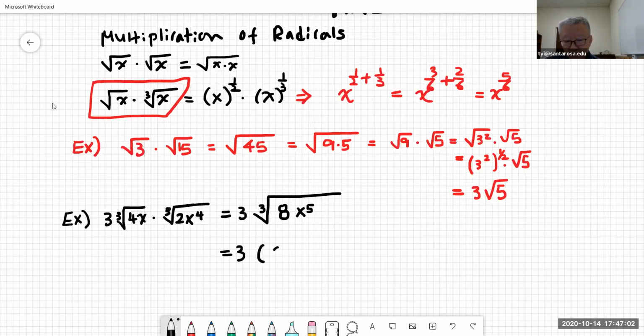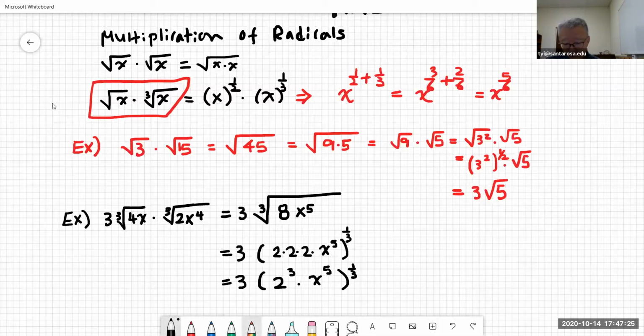That means 2 times 2 times 2, then x to the 5, all to the 1/3. So then we have 2 cubed times x to the 5, to the 1/3.